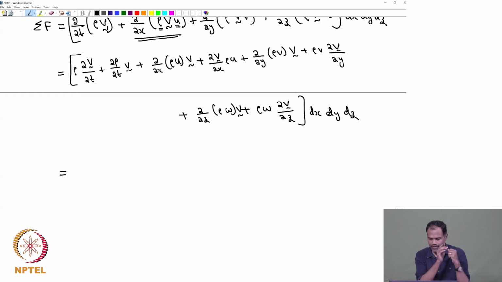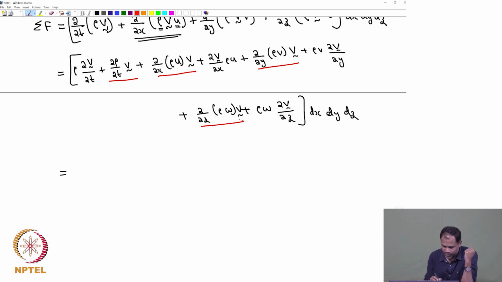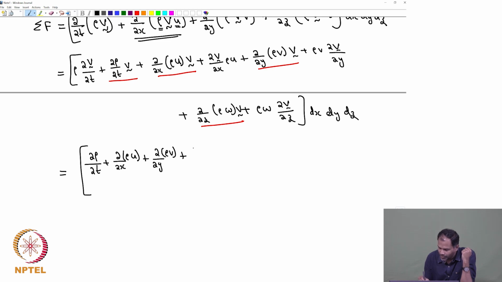Is equal to, let us mark some of the terms that we want to write together. Let us say that term del rho by del t into v, that term and this term, and so we will write them together. And other term, so okay, let us write del rho by del t plus del by del x of rho u plus del by del y of rho v plus del by del z of rho w times v.